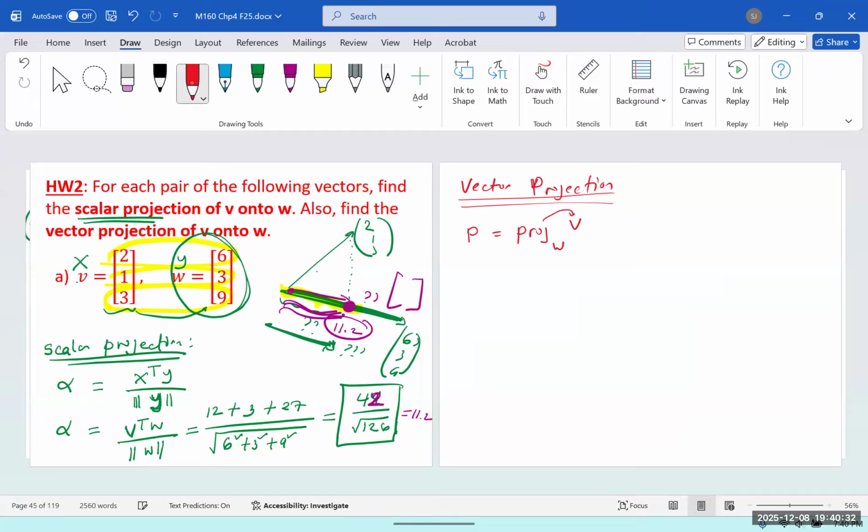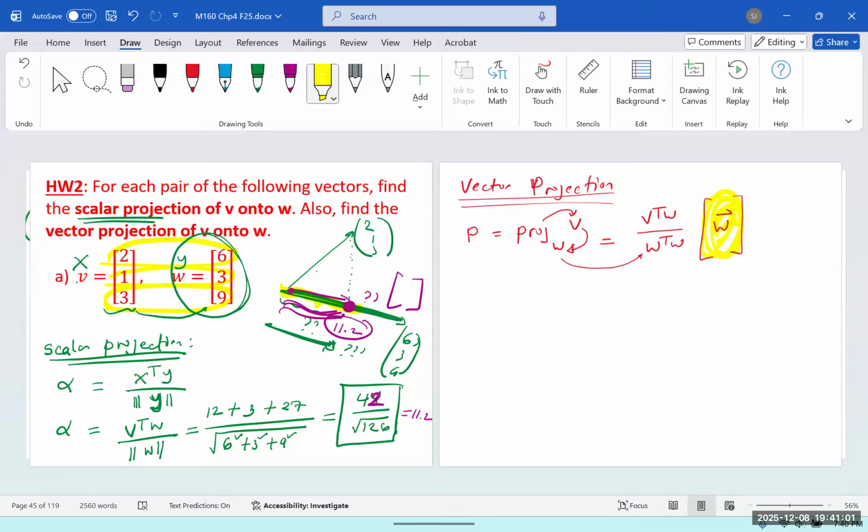So you're projecting the v vector onto the w vector. Its formula is v transpose w, and then you do w transpose w, and then you multiply the w vector with that. So you're going to get a vector onto w. That's why you have to use the w vector.